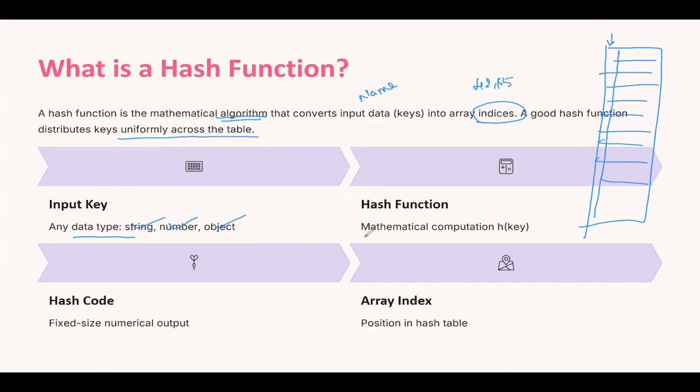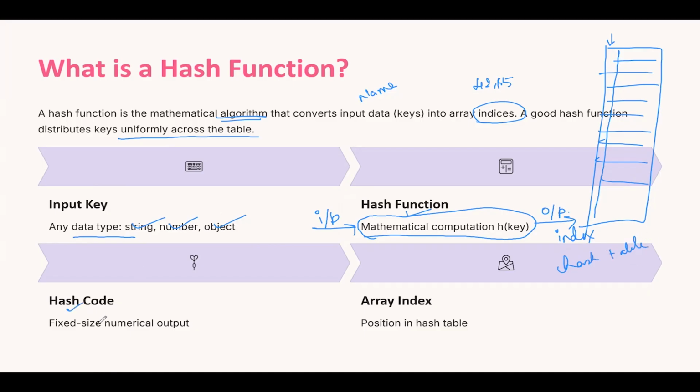And the hash function is going to be any mathematical computation. So when you give any kind of input into this mathematical function, it is going to generate an output. That output is nothing but the index into the hash table. I hope it is clear.